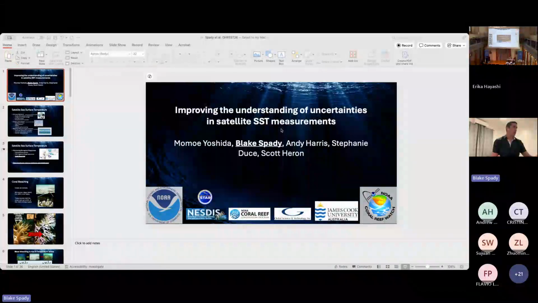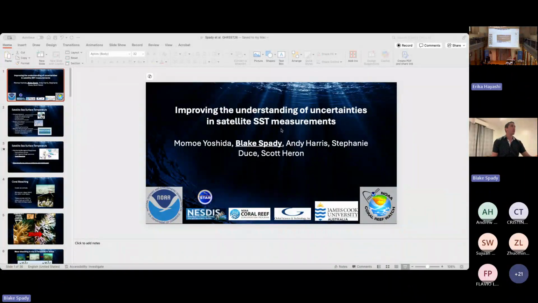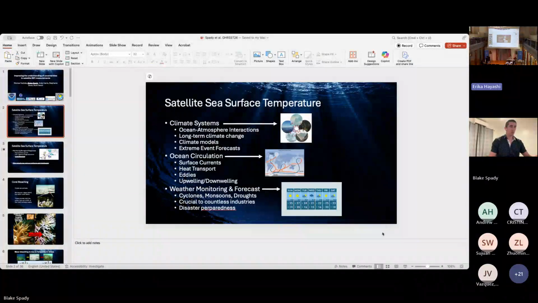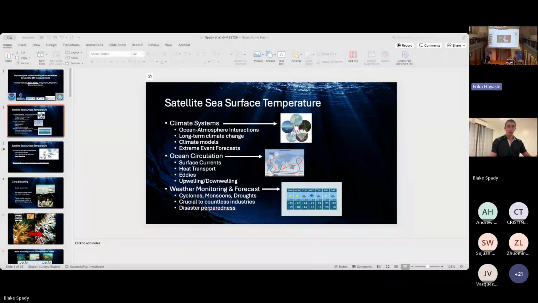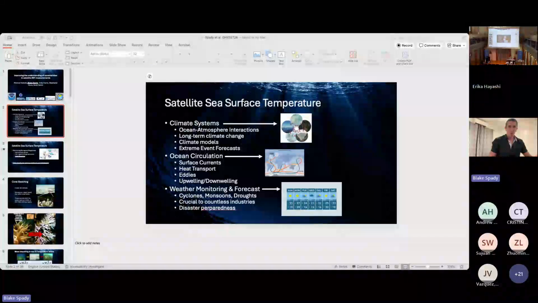So, as you would all know, satellite SST. Sorry, Blake, you're not in presenter mode. I don't know if you're sharing the right screen right now. We see the whole back end. Let's see if I can. I think you can swap that. Does that help? No. Okay. Maybe what if I do that?